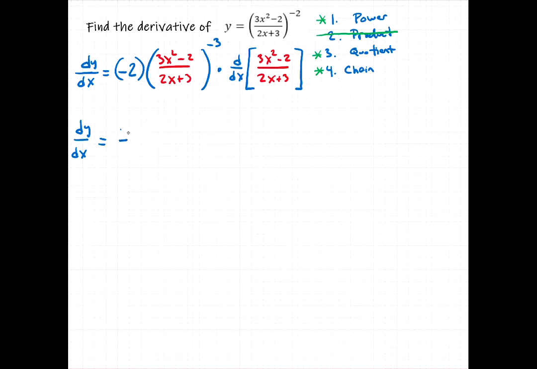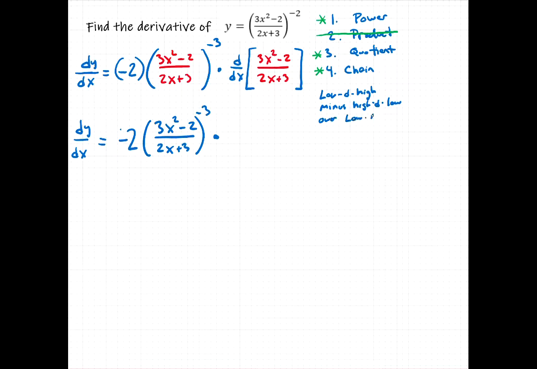Actually, negative 2 times 3x squared minus 2 over 2x plus 3 to the negative third. Now we're going to multiply this. So let's apply the quotient rule. Low d high minus high d low over low low. Or at least that's how I remember it.